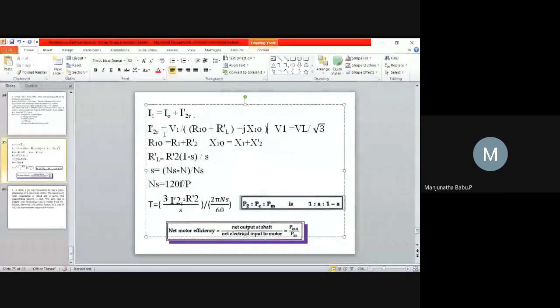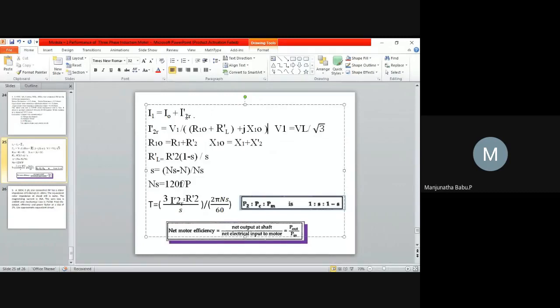Okay. So now substitute in the first equation, that is I naught plus I2 dash. So both must be in rectangle form. So I naught is 1.8 minus J 19.91 plus 48.49 minus J 7.98. So add the real and imaginary parts.